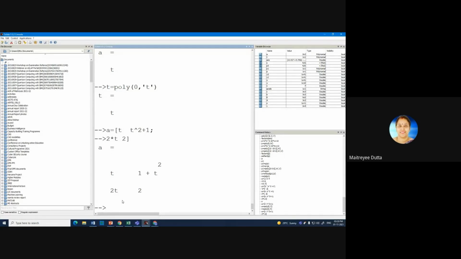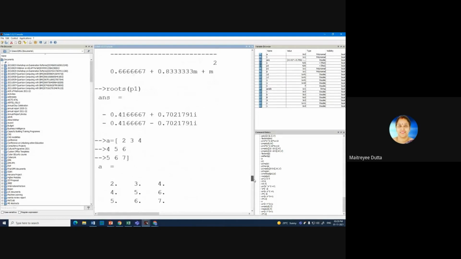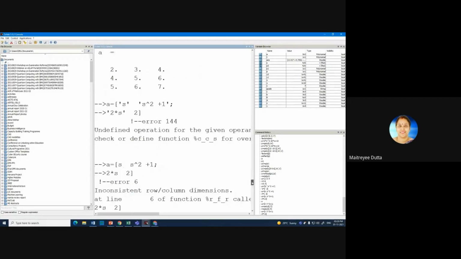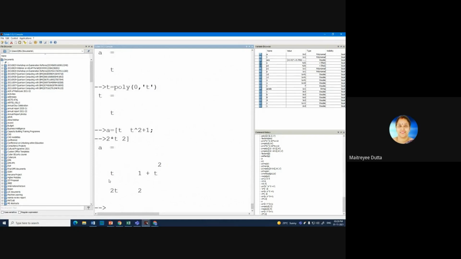So when you want to write a coefficient matrix directly, it is very easy. You just write the coefficients and it will be a matrix. But if you want to write a polynomial matrix, then whatever variable you want to use, you have to declare it.